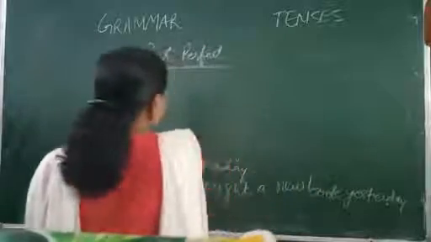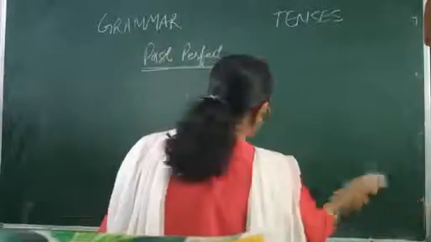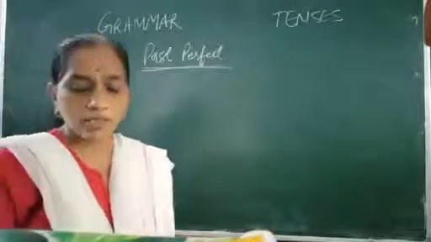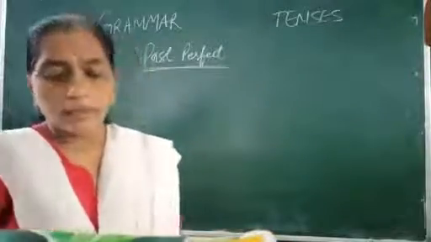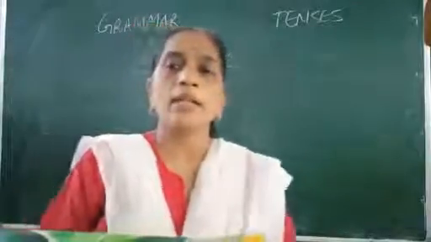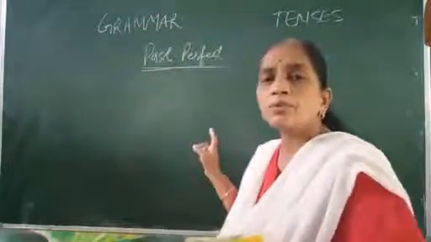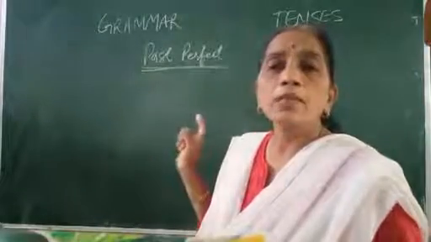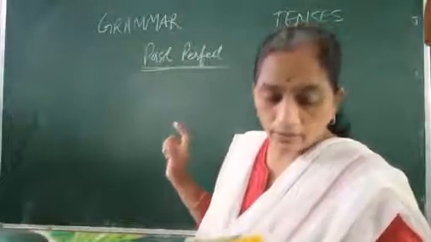But when we are using had plus verb third form, we have to show two past actions in one sentence, and had plus verb third form is used with the action which took place earlier than the other.